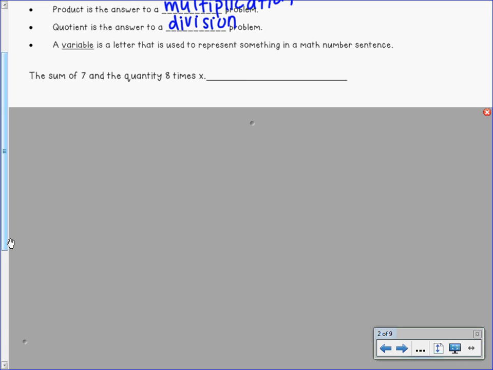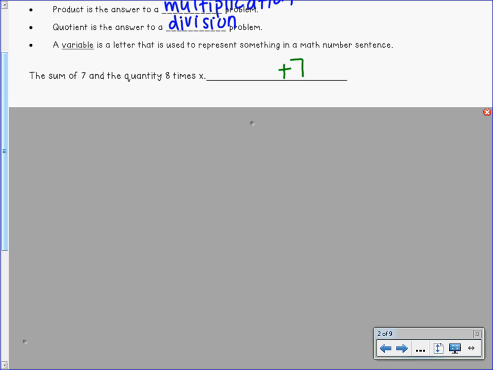Adding. So what are you going to be doing to that 7? Add 7? Okay, so somewhere we're going to be adding 7, right? The sum of 7 and the quantity, not quotient, quantity 8 times x.